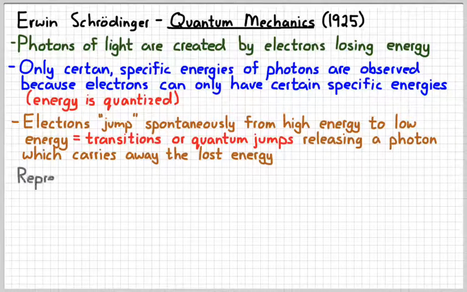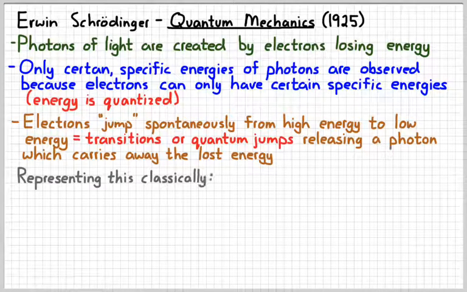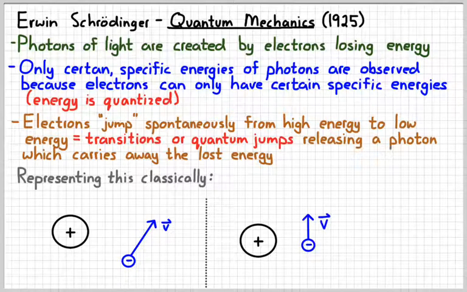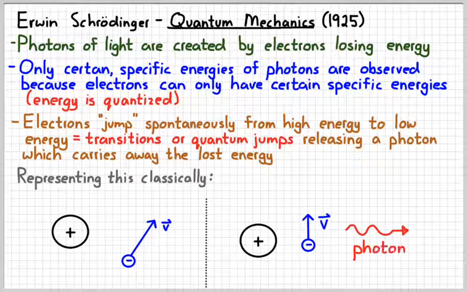So if we draw a picture of this, treating the electron classically, like a particle, there's the nucleus of an atom, there's an electron moving with some velocity v, and then it loses some energy, again this happens spontaneously, and emits a photon to carry the energy away.